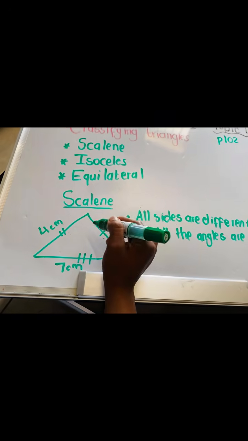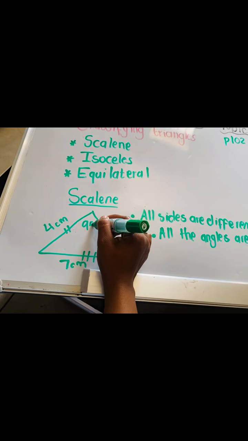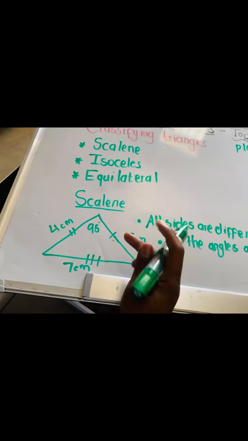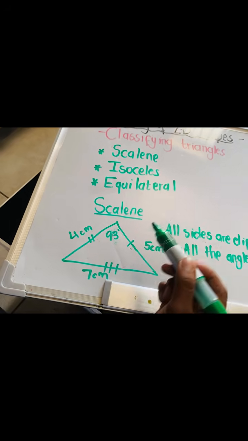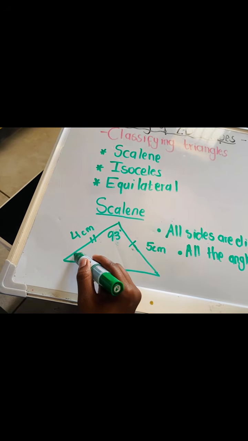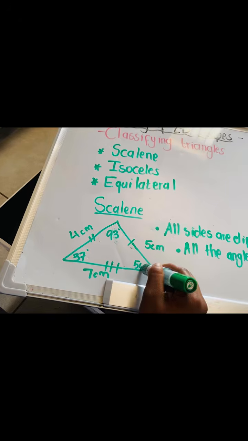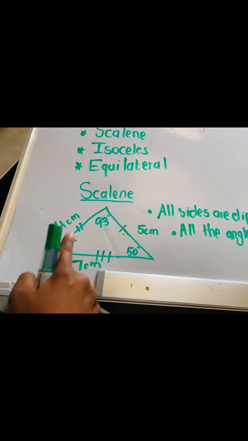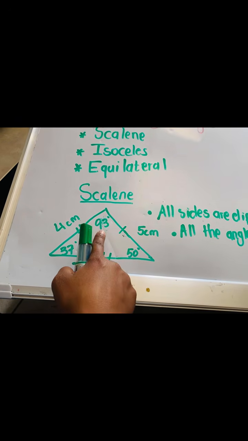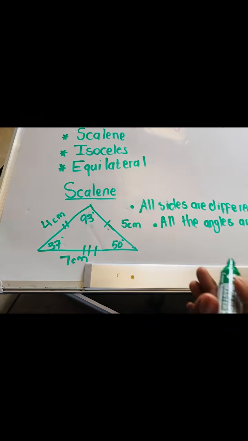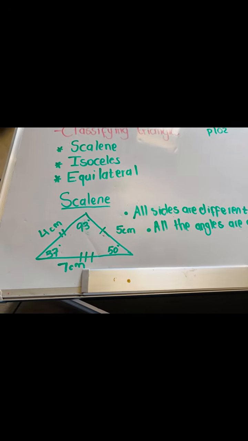For example, let's say this one is 93 degrees. Then this one is 37, and this one is 50. So with all these angles, as you can see, they're all different. This is 50, 93, and 37. So even the angles of a scalene are also different.